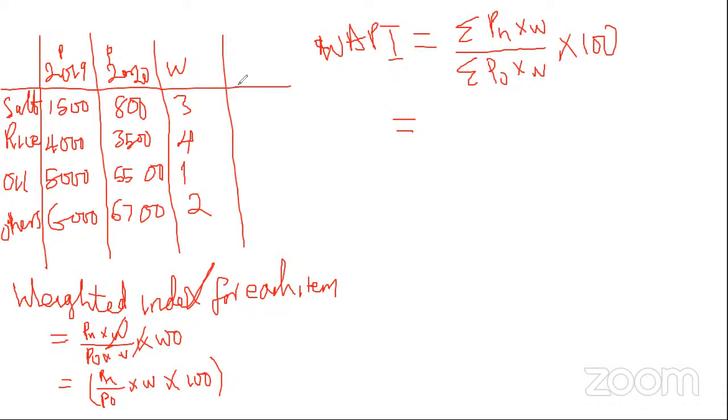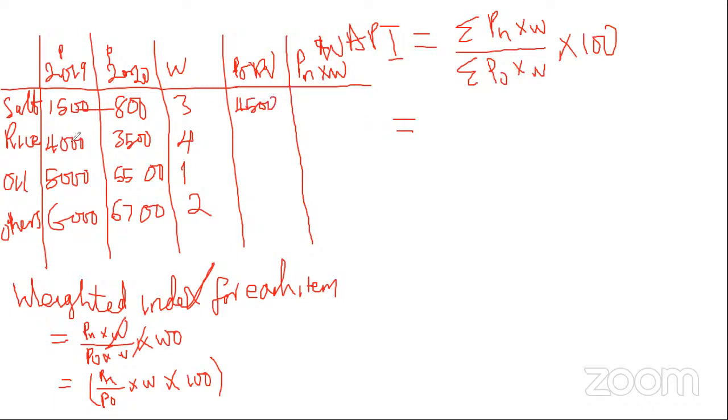It is more convenient to add two other columns, P naught times W and Pn times W.